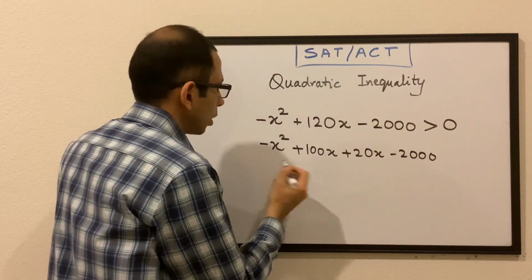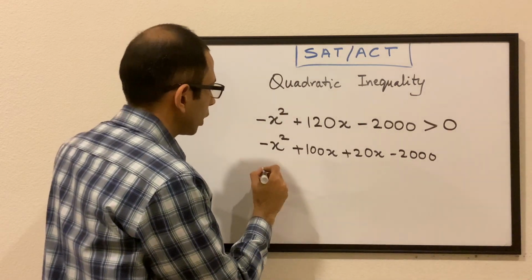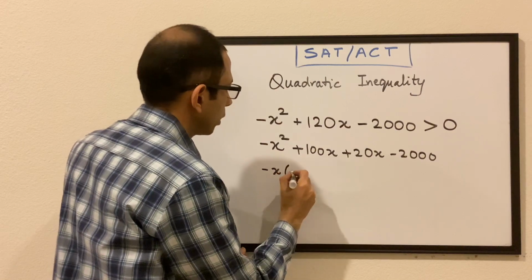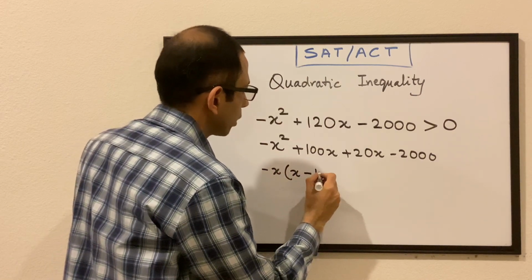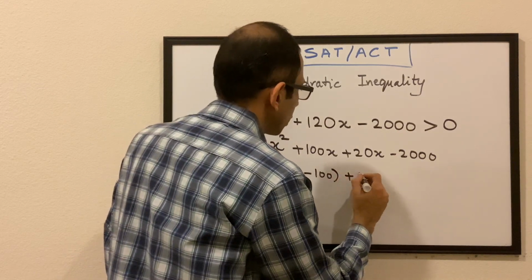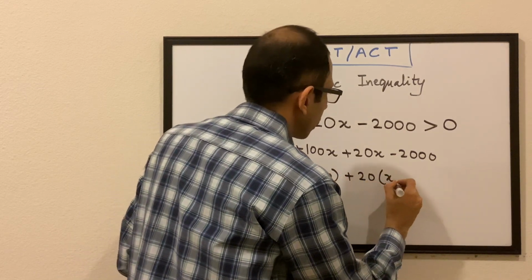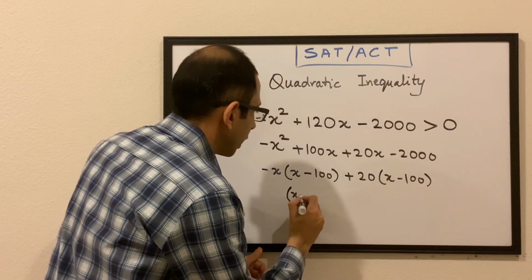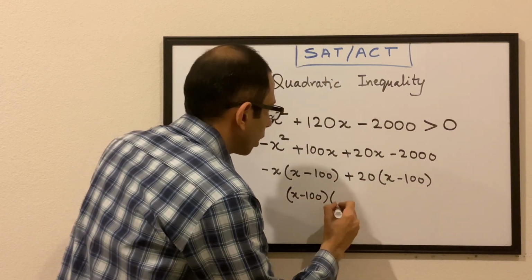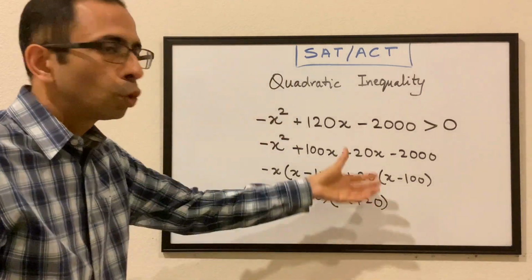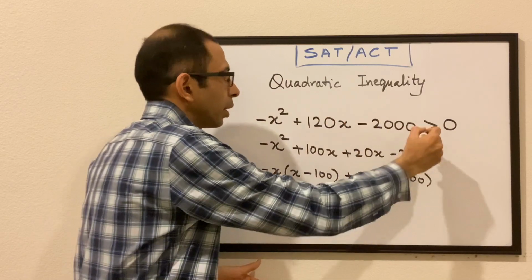Let's say we take minus x common, so x minus 100, and here we take plus 20 common, so x minus 100. So x minus 100 and minus x plus 20. So these are the two factors of this quadratic function.